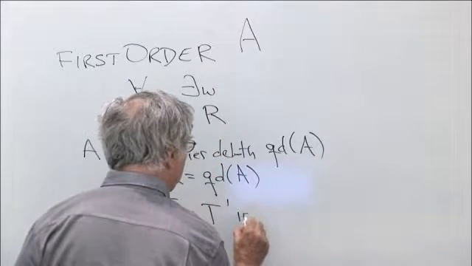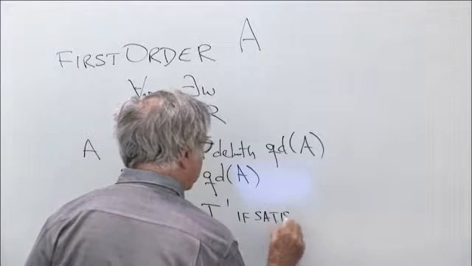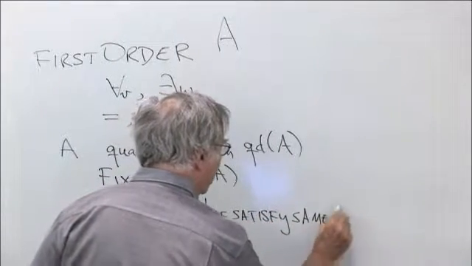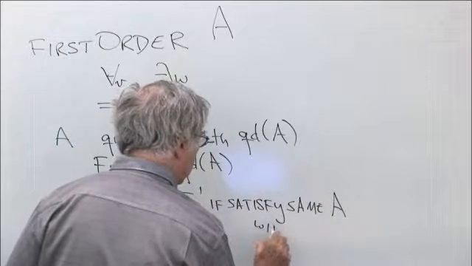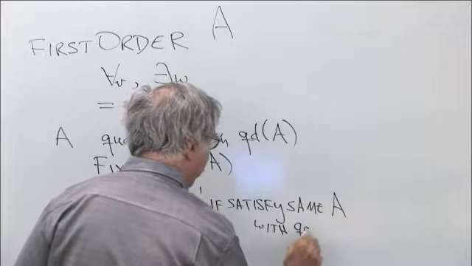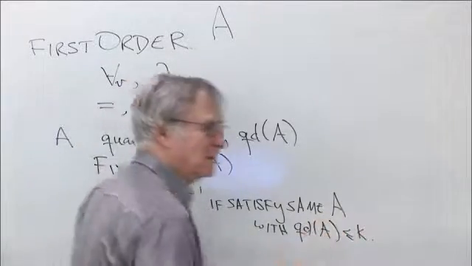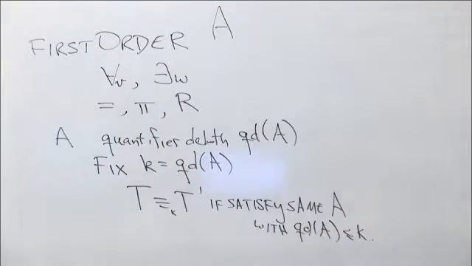If they satisfy the same sentences A with quantifier depth of A, let's say less than or equal to k. You can always throw in a spurious one. That doesn't matter. Okay. And there are only a finite number of equivalence classes.